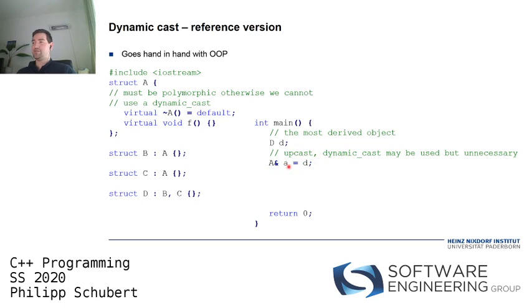Then we have the reference variable a, which actually refers to something of runtime type D, static type A ref.